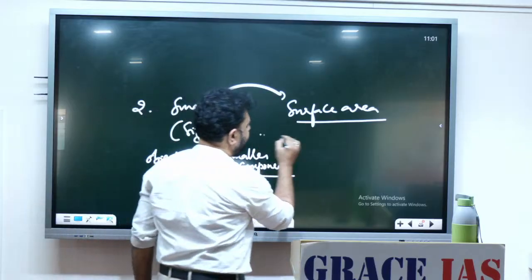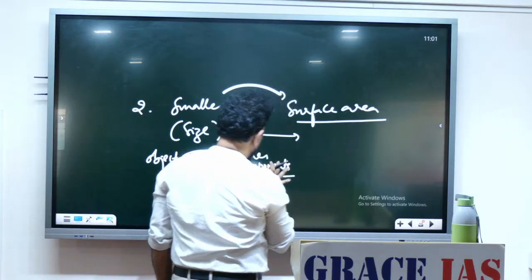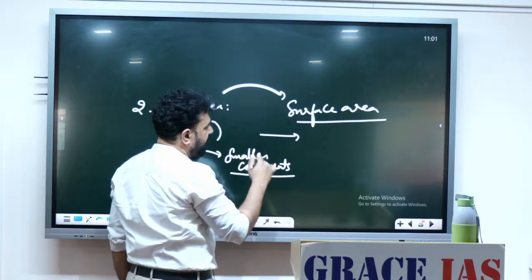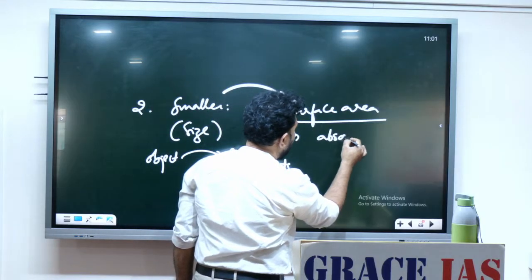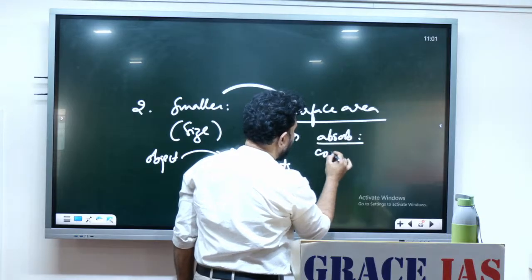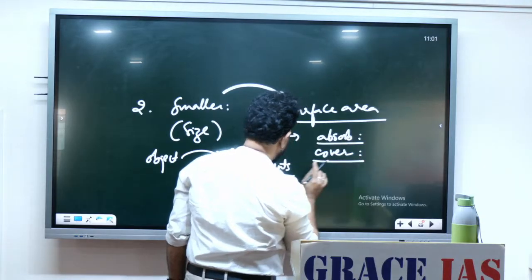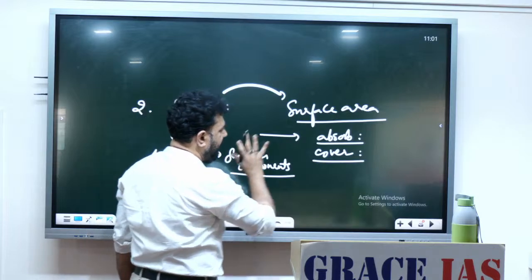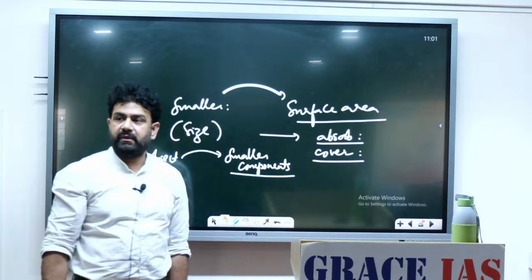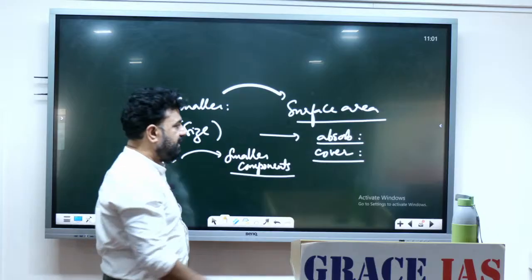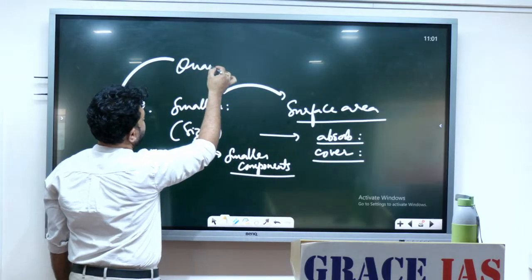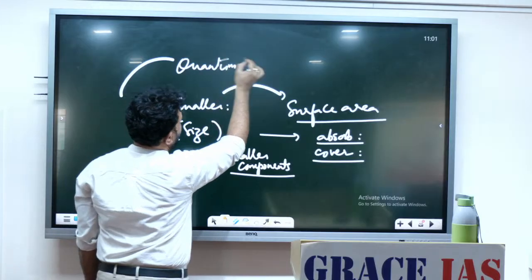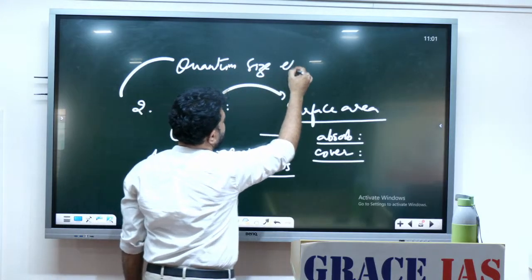It can occupy less space but can have more influence. That means it can absorb more material, it can cover larger areas, less quantity but cover larger area. Do you understand this? And this is also called quantum size effect.